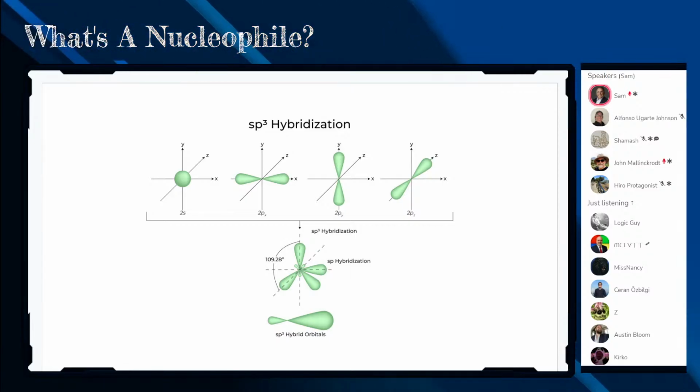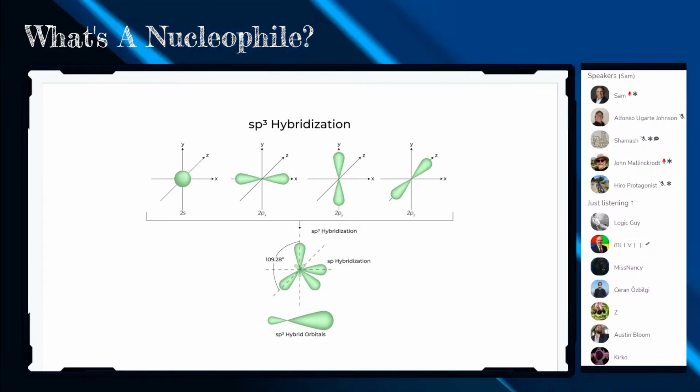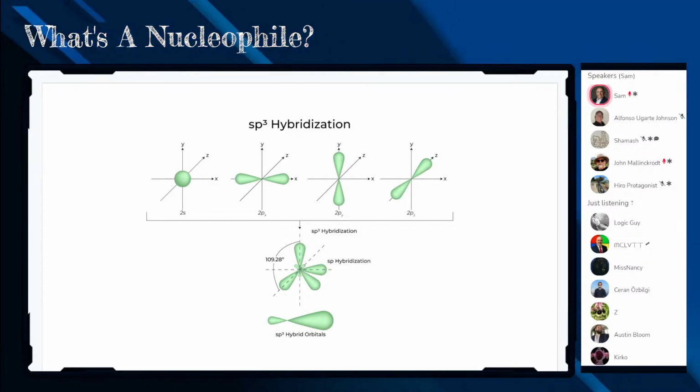If you have four things, and that is three things are on the central one, you form a triangle that is in a plane. So every one of those points to the vertices of a triangle. If you have four, then you form a tetrahedron.